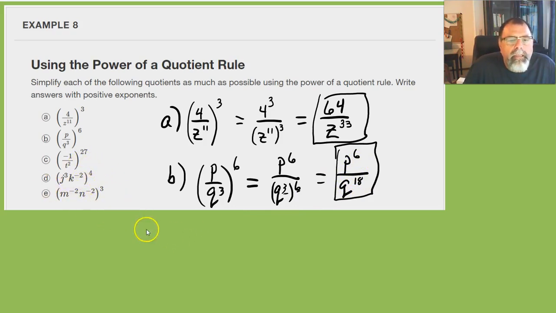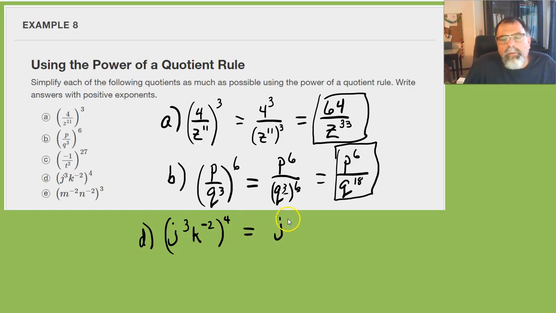Let's do D. So we got j to the third, k to the negative 2, raised to the fourth power. So again, now there's two ways you can do this.